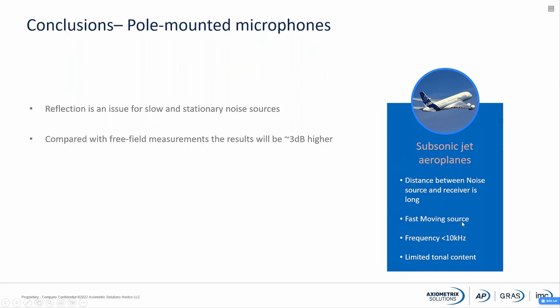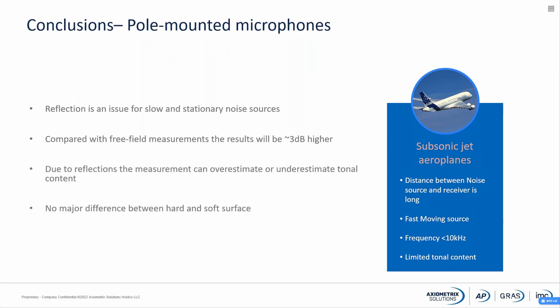It was a fast moving source, frequency up to 10 kilohertz, and limited tonal content. Therefore, it is a pretty good measurement when it comes to larger aircrafts. So reflection is an issue for slow and stationary noise sources. And we should keep in mind that compared with free field measurement, the result will be roughly 3 decibel higher.